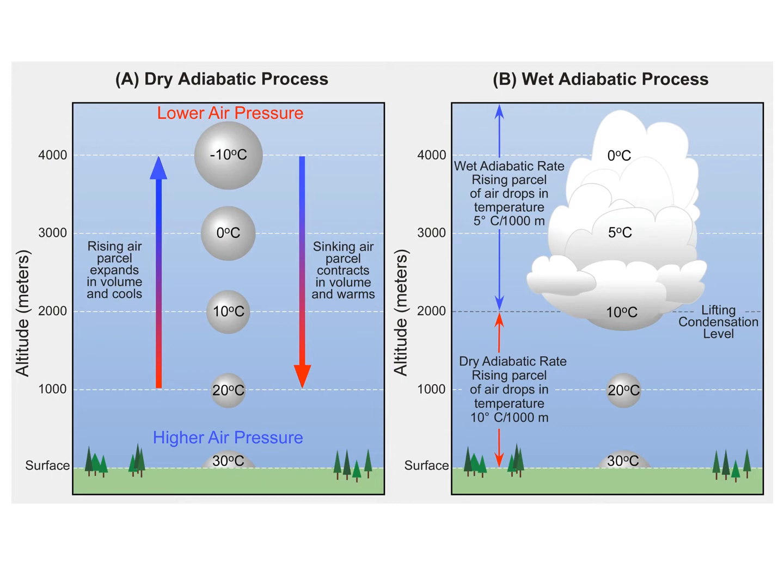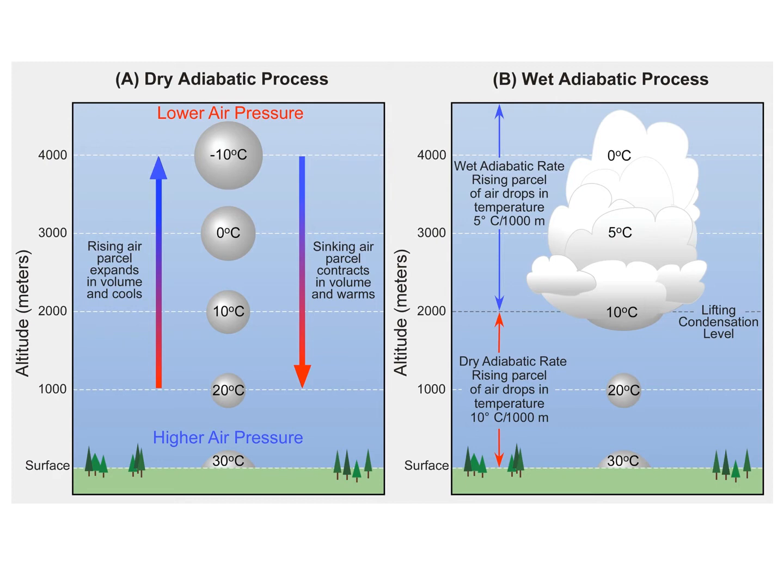however, with the expansion of air as it moves upward in the atmosphere, temperature cools. The rate of cooling is 10 degrees per 1,000 meters. So here in the diagram on the left, we can see we begin with a parcel of air at 30 degrees Celsius.